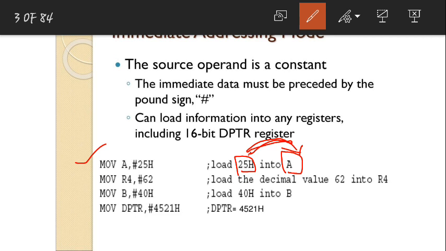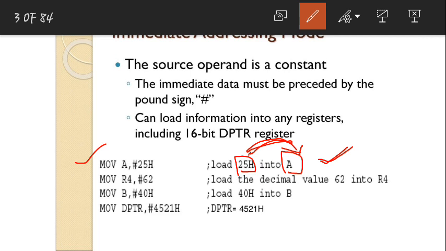Then this operation is done. In this instruction, MOV is an operation which is done on the operands. The operation itself is moving some data into some location. So I am moving this 25 to A.